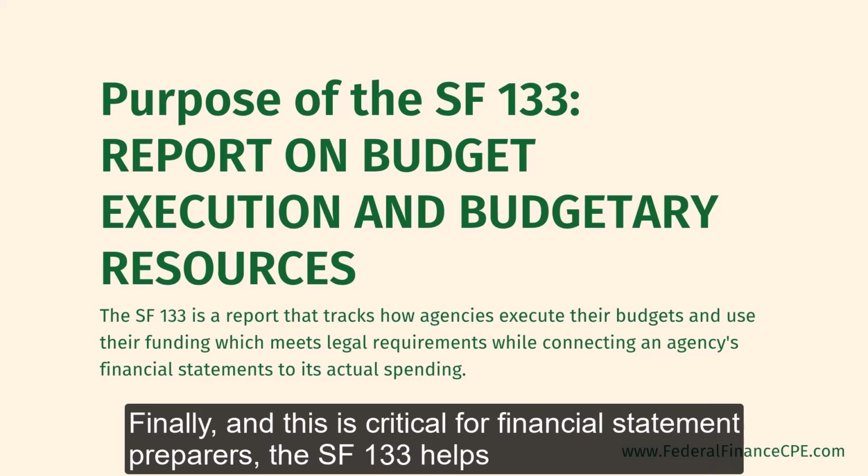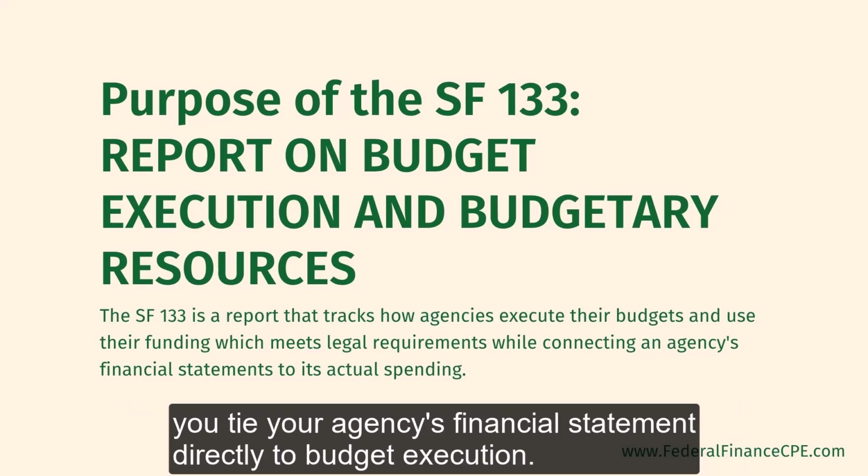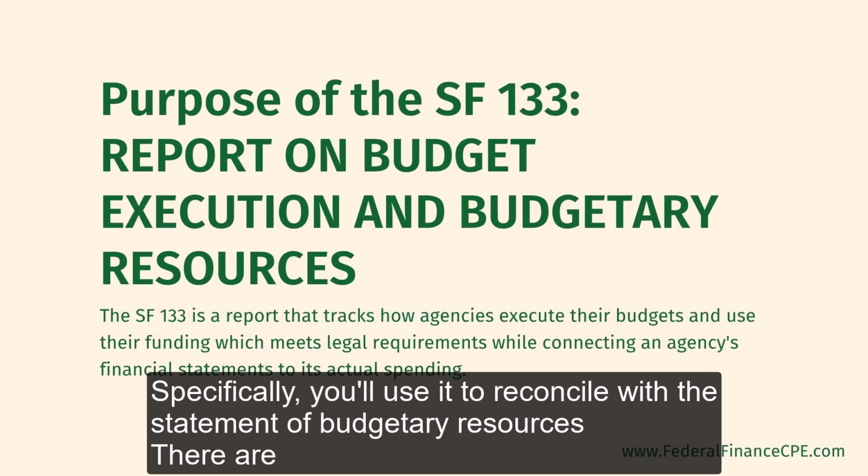Finally, and this is critical for financial statement preparers, the SF-133 helps you tie your agency's financial statement directly to budget execution. Specifically, you'll use it to reconcile with the Statement of Budgetary Resources.